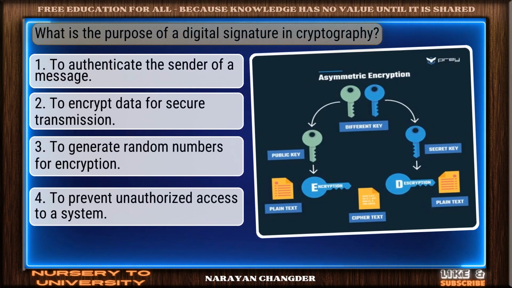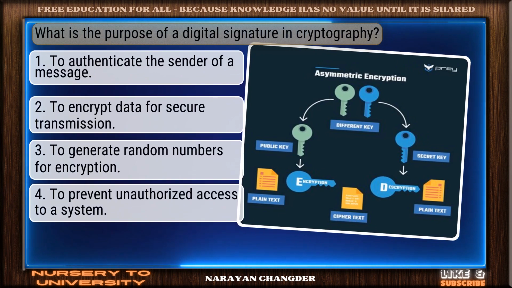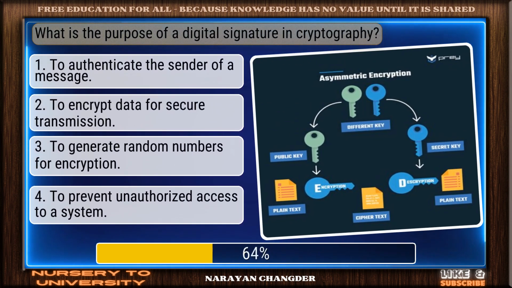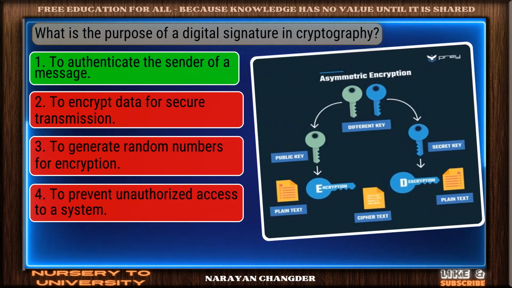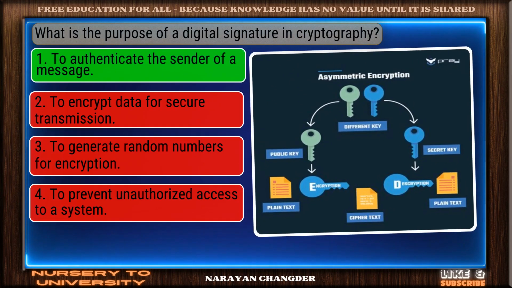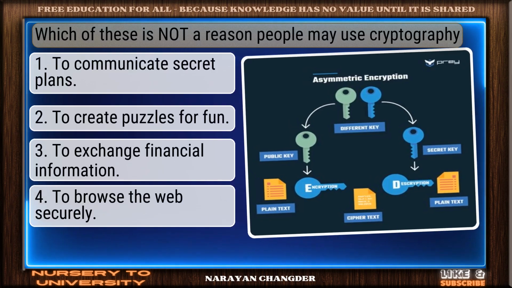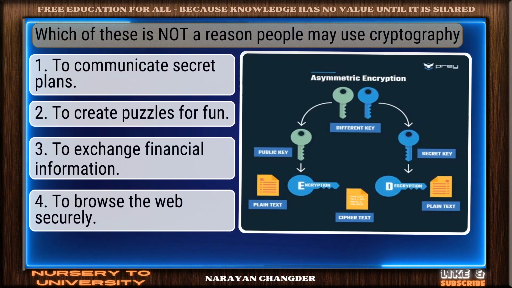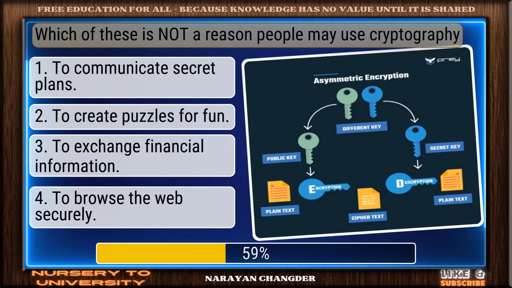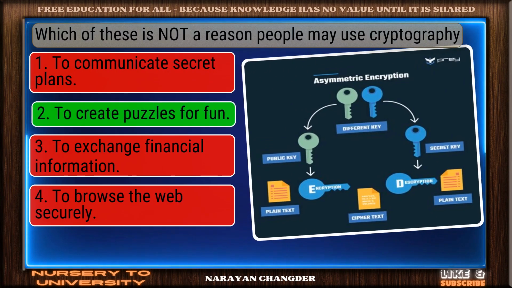Question number 28. What is the purpose of a digital signature in cryptography? Good job. Your answer, to authenticate the sender of a message, works well here. Question number 29. Which of these is not a reason people may use cryptography? Smart pick.